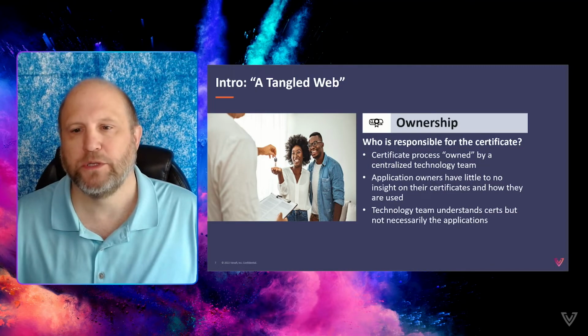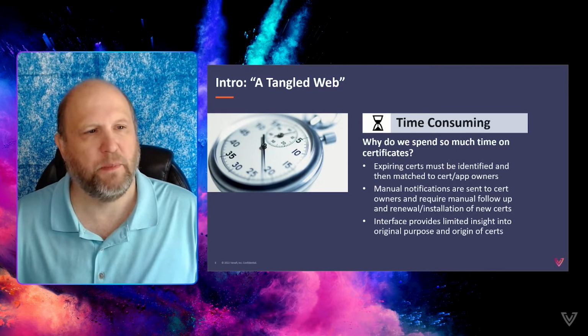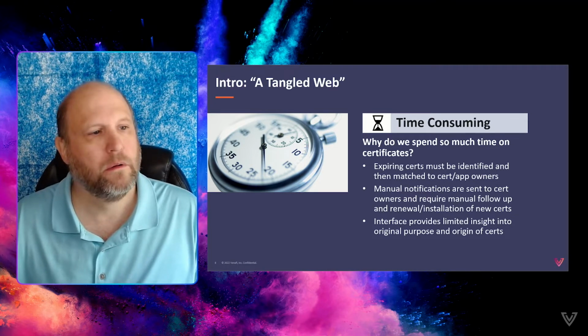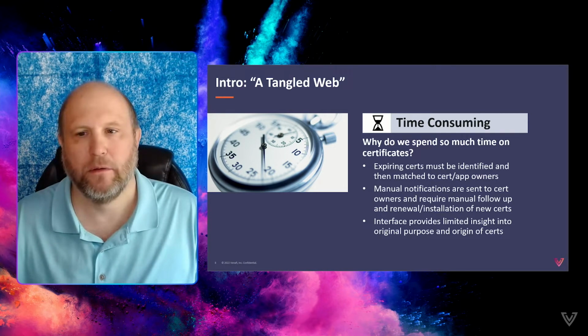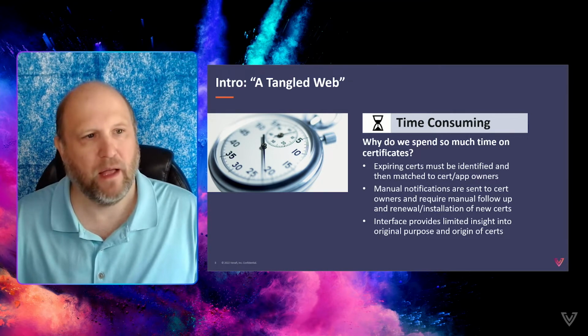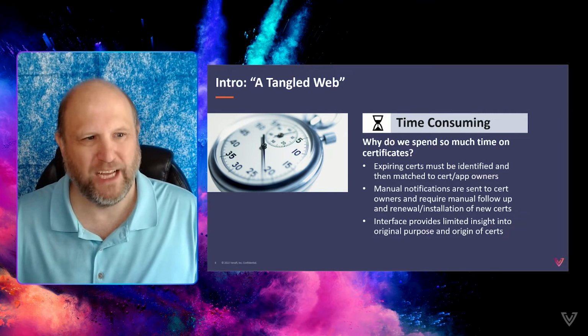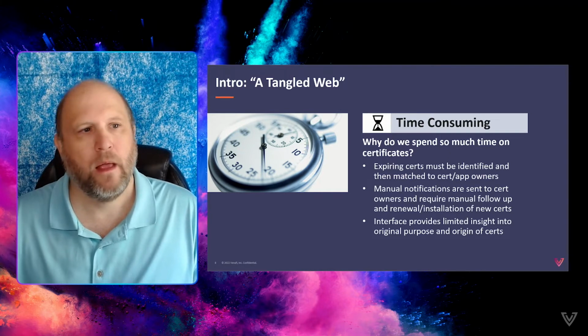In addition to ownership, we found our processes to be very time consuming. We were often asked, what takes so long to do certificates, right? Not having a clear cert ownership, we had to do a lot more investigation. When a cert came to expire and we knew the owner, great. It was an easy process to get that cert renewed and that new cert deployed to the systems.